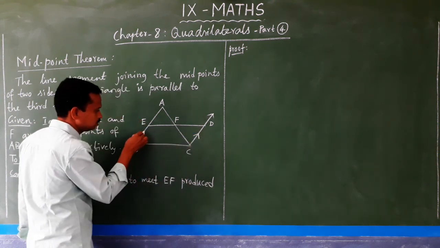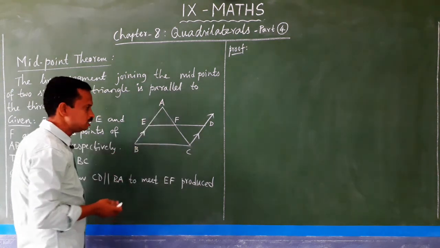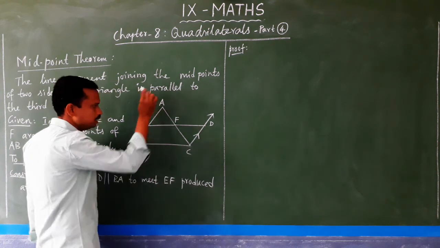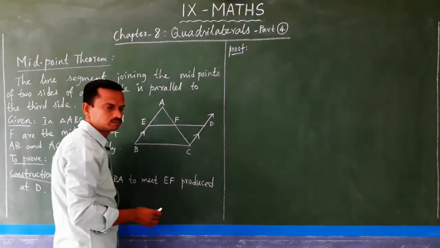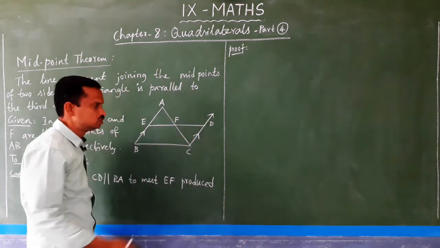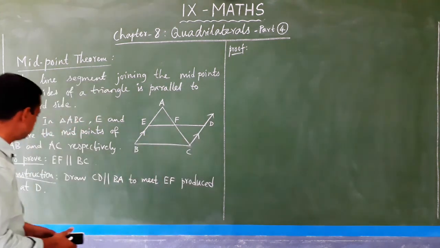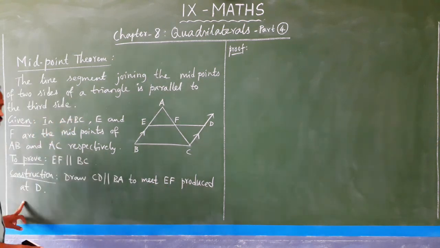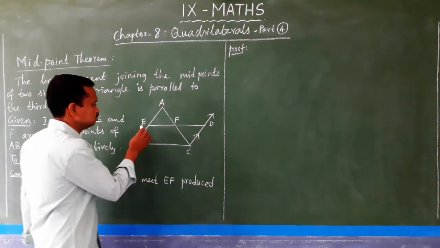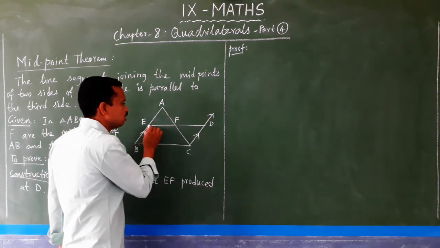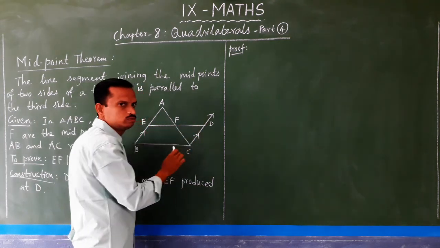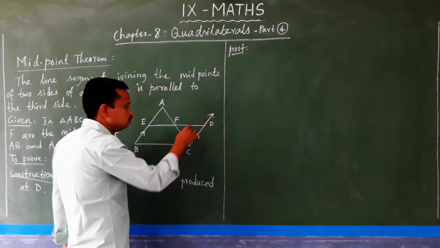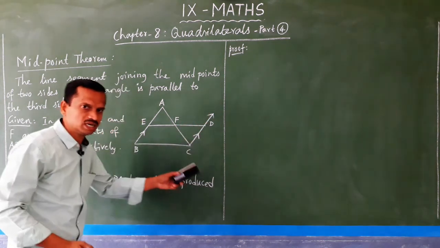BA is one of the sides, so you draw a line through C parallel to BA, and take it as CD. I have written: draw CD parallel to BA to meet EF produced at D. EF is already the line segment, so you have to produce it, that is, extend it. Then this extension and CD will meet at D. So this is the construction.